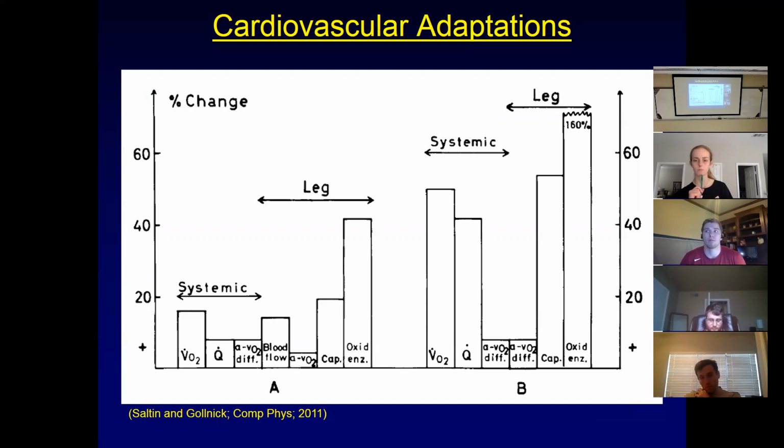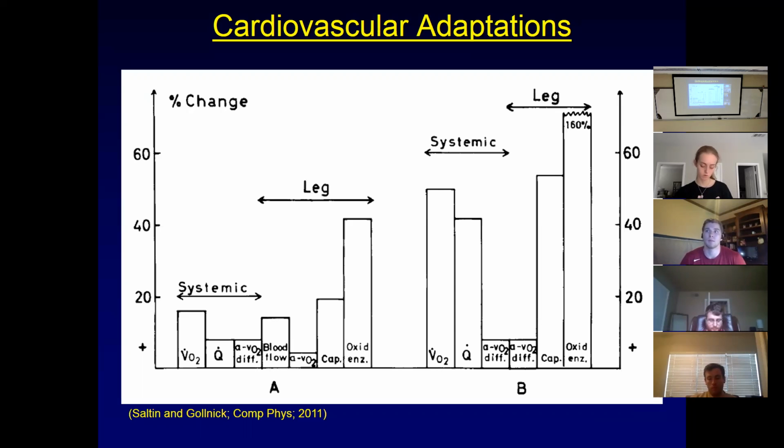But you will note that oxidative enzymes or mitochondrial enzymes go up dramatically more than VO2 goes up. Okay, whereas the change in VO2 seems to much more closely be dependent upon these changes in cardiac output and things like that, or these changes in capillaries.